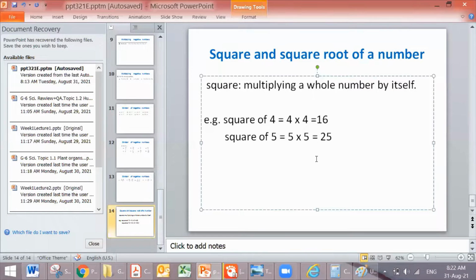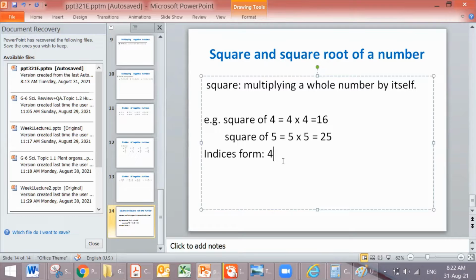Okay, so the important point you need to note is that you have to write it in indices form. What is indices form? For example, I have just written here 4 multiplied by 4. 4 multiplied by 4 can be written in indices form.